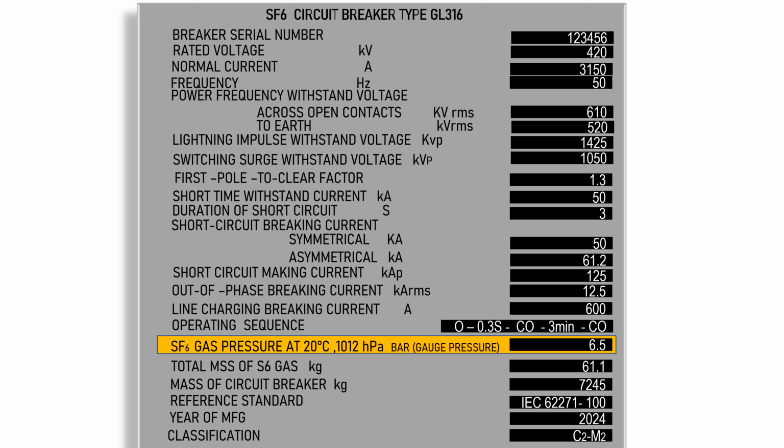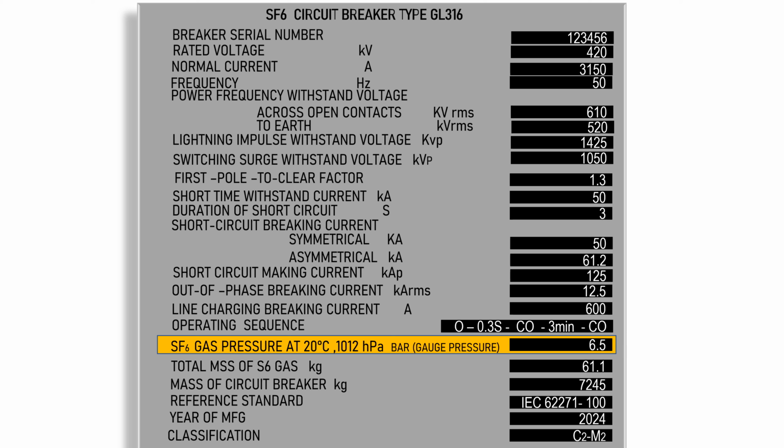Now, SF6 gas pressure at 20 degrees centigrade. The circuit breaker is filled with SF6 gas at a pressure of 6.5 bar at 20 degrees centigrade. Circuit breakers are also specified in different units of pressure, like hectopascal, megapascal, bar, kgf per centimeter square, etc., by the manufacturers.